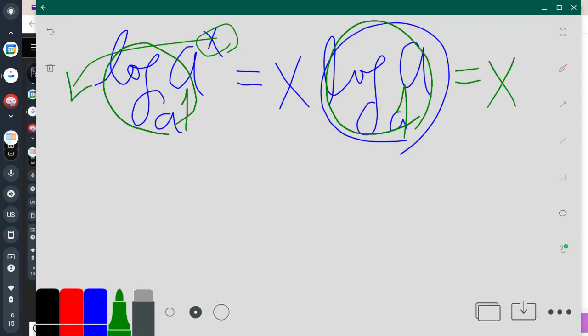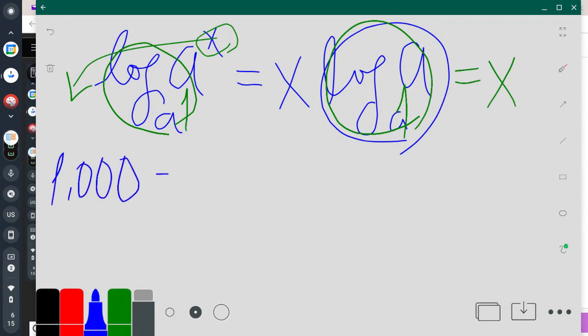Base 10 log, right? Let's do a little more. So 1,000. If we take the log of 1,000, right? If we take 10,000, right?